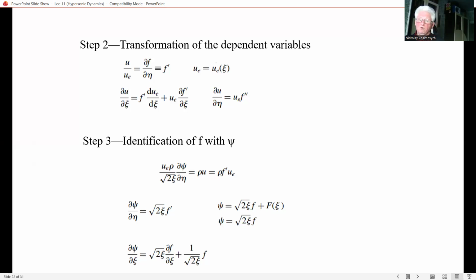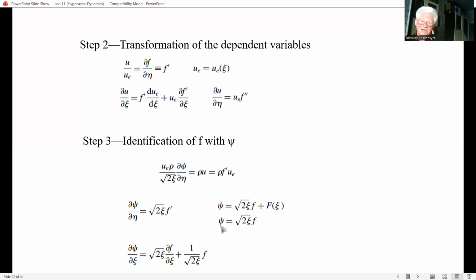And that is both f equals 0 and capital F equals 0. And hence, the arbitrary function must be 0. So we may write the next expression for psi, psi proportional to the square root of 2 zeta times f.